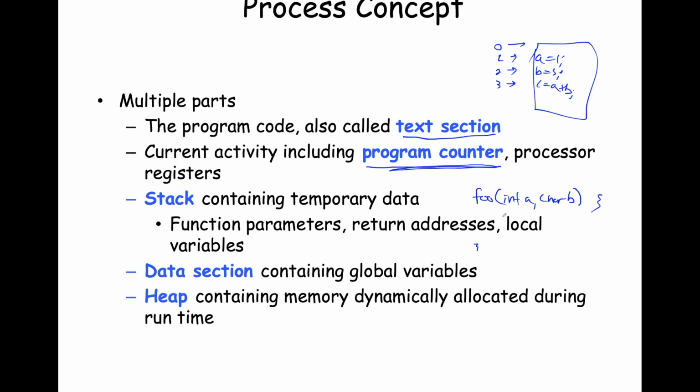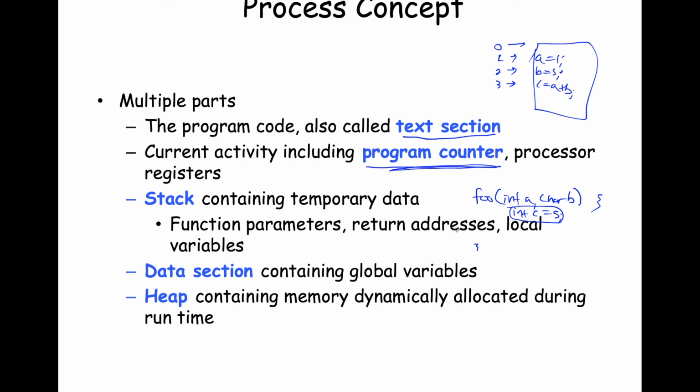And then when you also have local variables like integer c is equal to 5 inside of that function, well, storage for this local variable is allocated by pushing onto the stack.